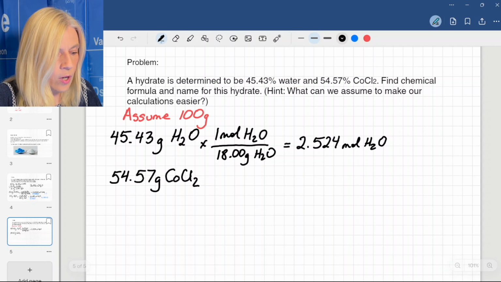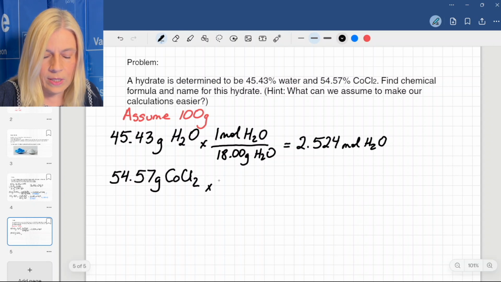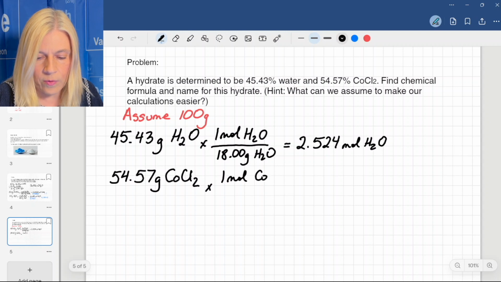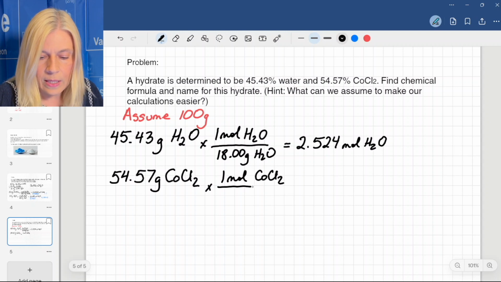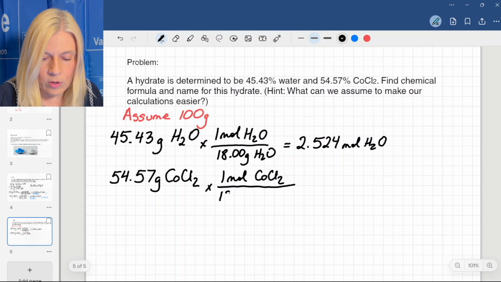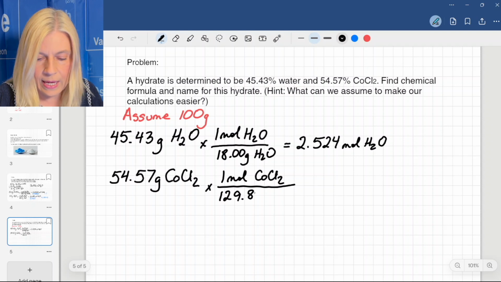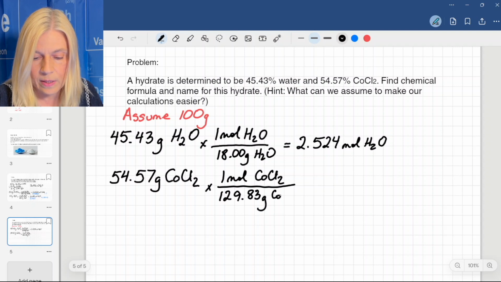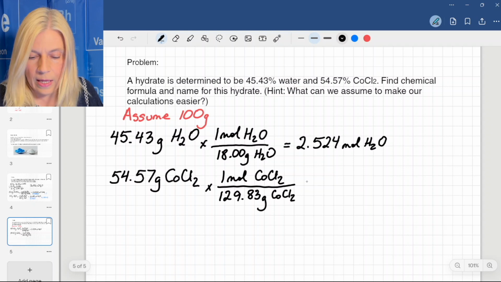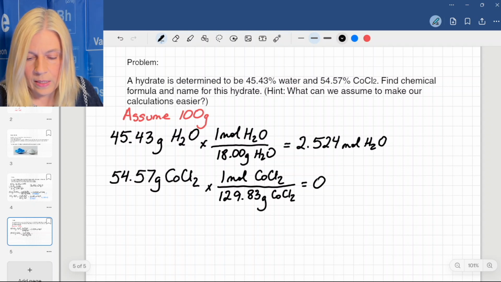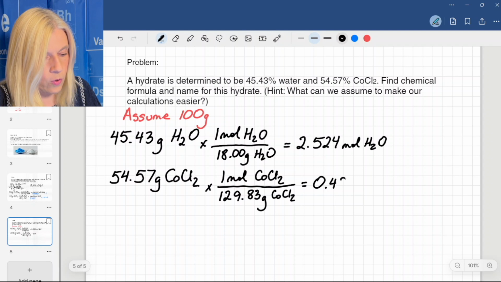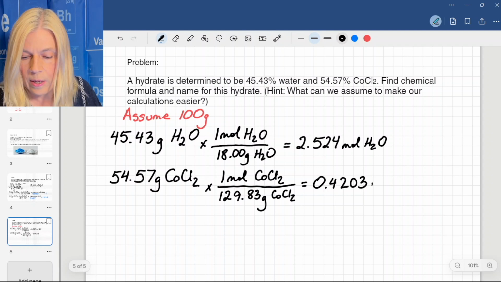All right, let's keep going. And right here, we're going to use our periodic table to get our molar mass. So 1 mole of cobalt 2 chloride is 129.83 grams. And that will give me 0.4203 moles.